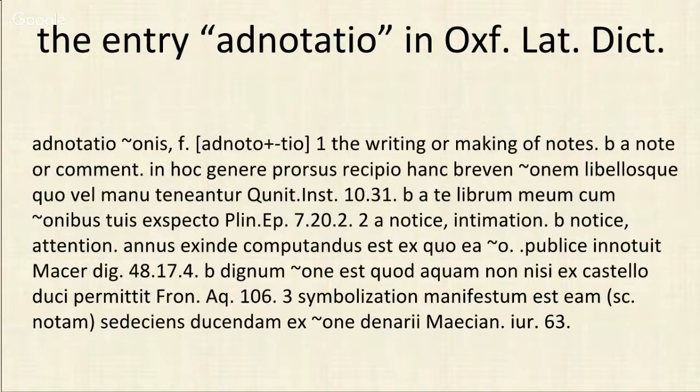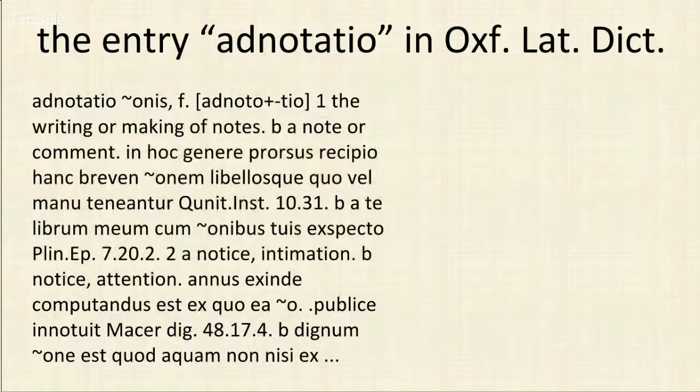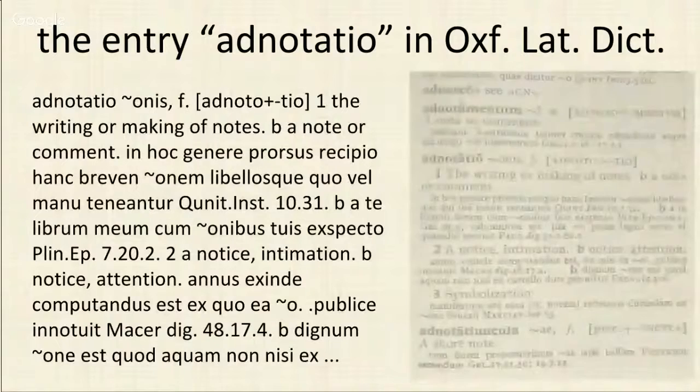I have put simply the words as they appear, taking away bold, italic, small capitals, and whatever typographical device the dictionary uses to organize its material. Can we change? And once more, please.